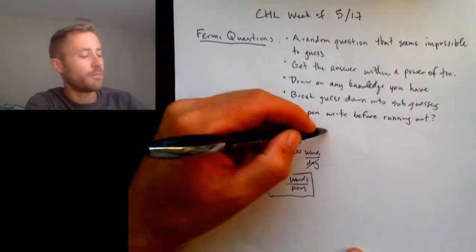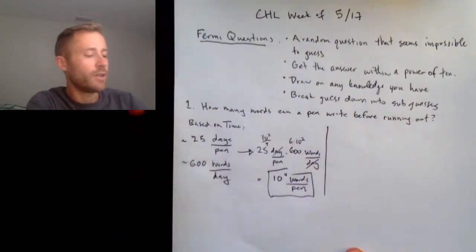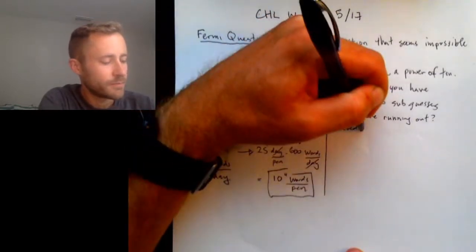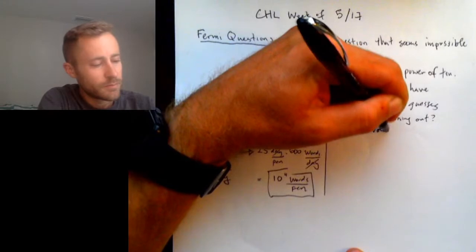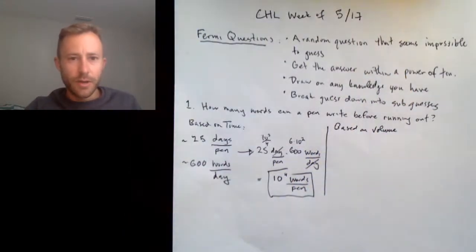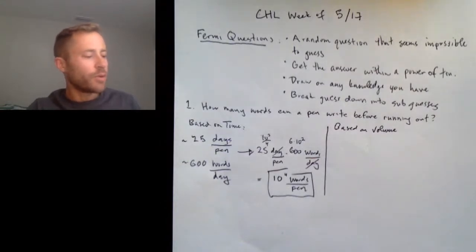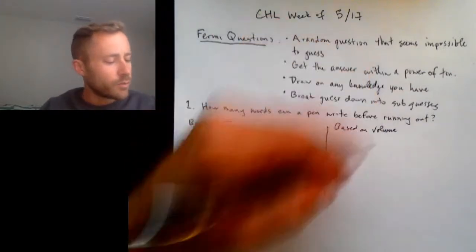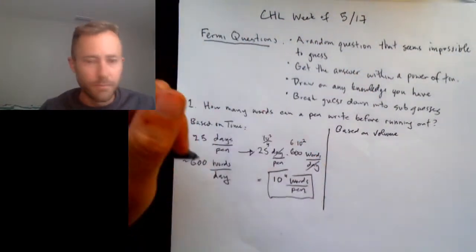Another thing I could do is I could estimate based on volume. Okay. And so I'm going to use the fact that this one is a little bit more complicated to do.